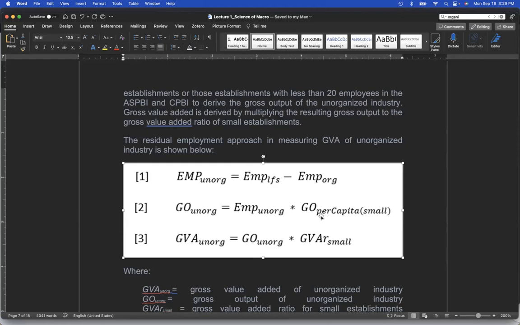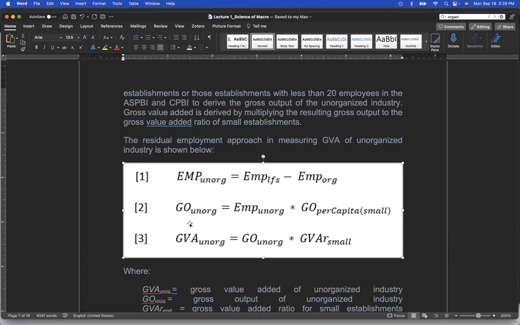So that's why you want it per capita, because you want to actually calculate the total GO. So that's why per capita ito, and then you're multiplying it by the number of people. So magdi-disappear yung per capita because this is just GO divided by employment, multiplied by employment, that will give you GO. So my question is actually more mathematical than your answer, but your answer is also correct.